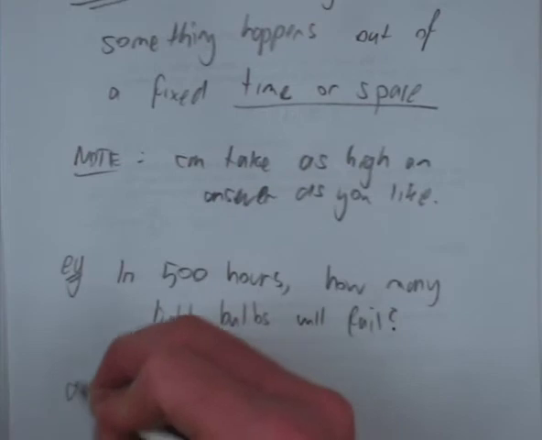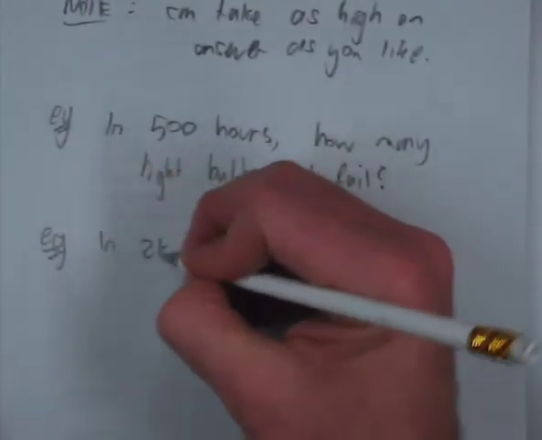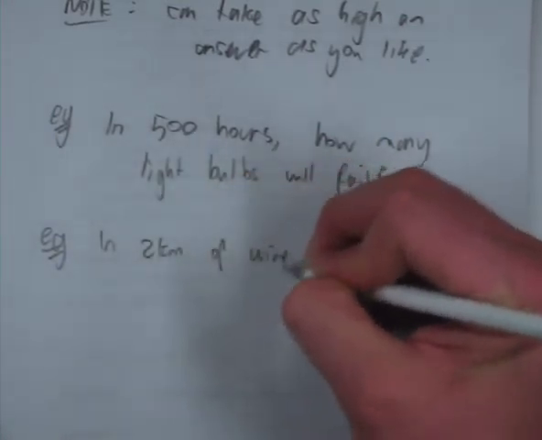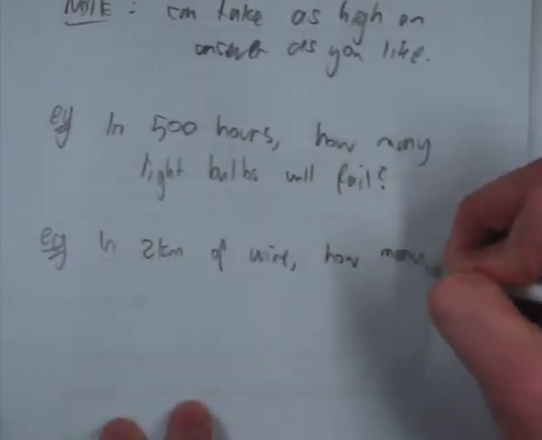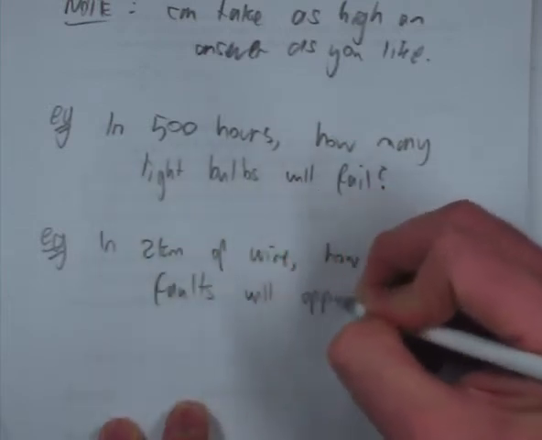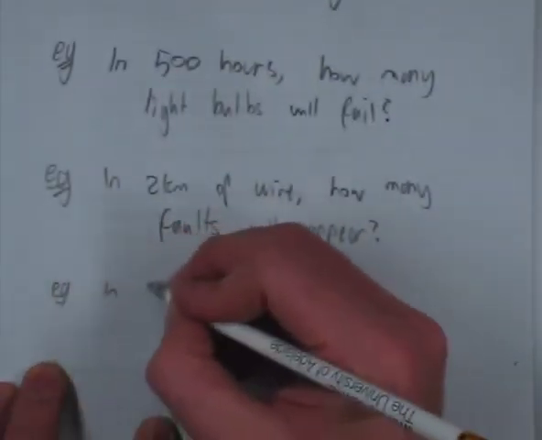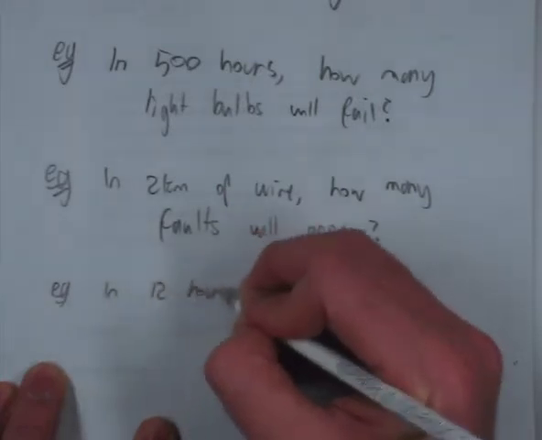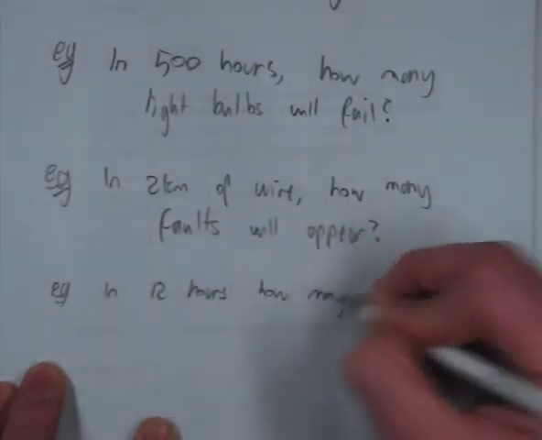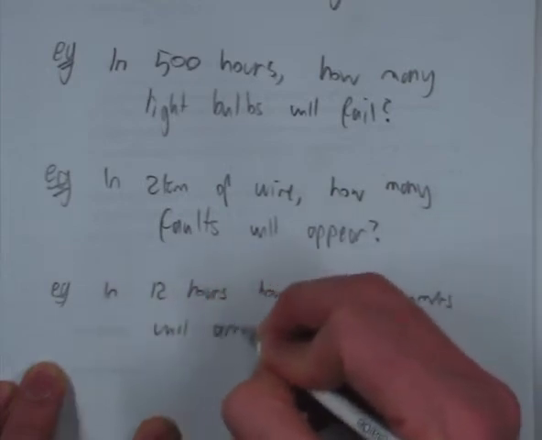That's the idea. Or it might be something more like, in 2 kilometers of wire, how many faults will appear? Okay, so it can be in space and length as well. It doesn't have to be in time. Or it might be, in 12 hours, how many customers will arrive at the shop.